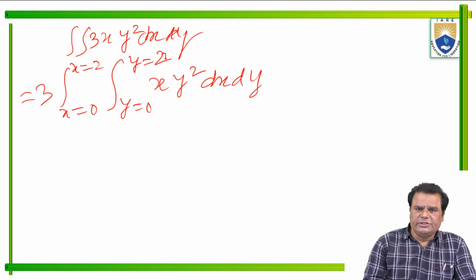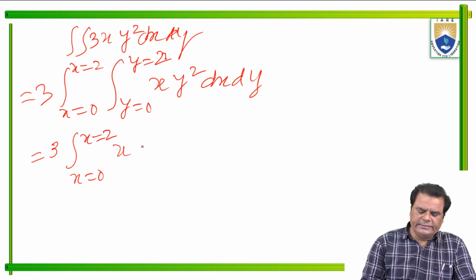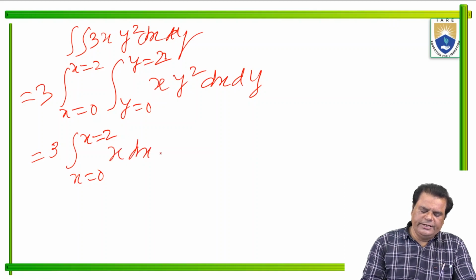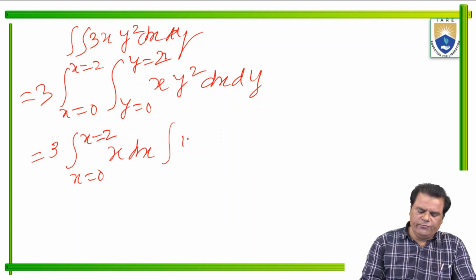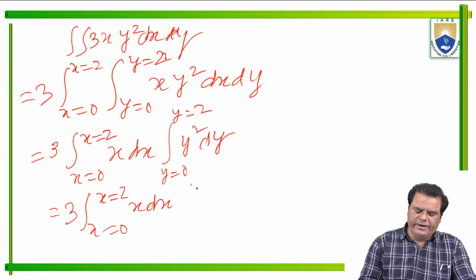Integrating first with respect to y. So 3, integration x equal to 0 to 2, x dx, now integrating y square dy, y equal to 0 to 2. So now this result is 3 integration x equal to 0 to 2 of x dx, and here is y cube by 3 with limit 0 to 2.